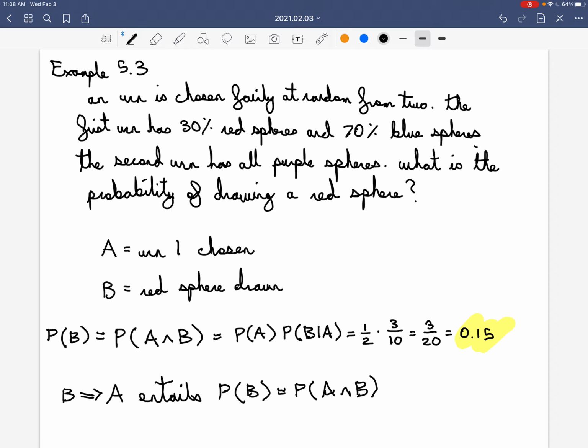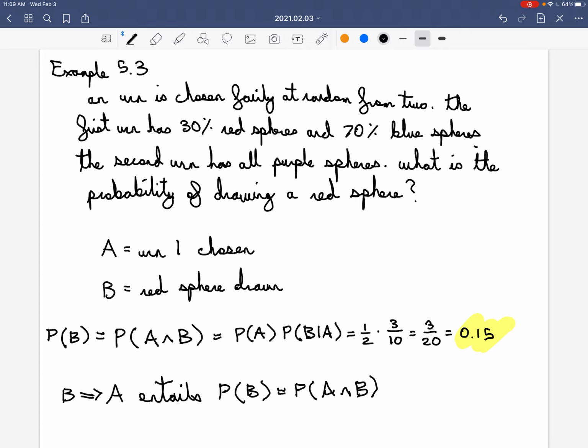Now I'm going to use the simple case of the tower rule for 2 events to say that the probability of A and B is the probability of A times the probability of B given A, which is 1/2 times 3/10, which is 3/20, which is 0.15.